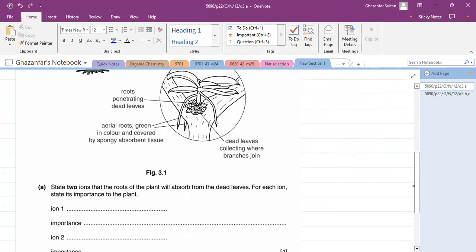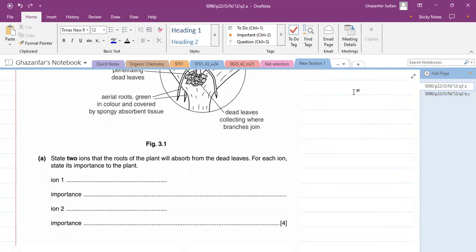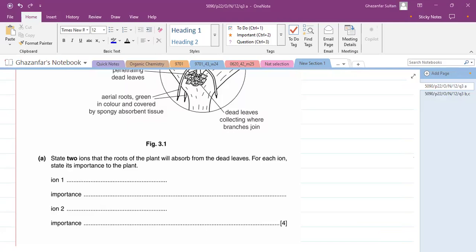So there are so many ions that can be absorbed, but two of them are very important. So the two ions that are to be answered here, anyway, these two ions are very important.